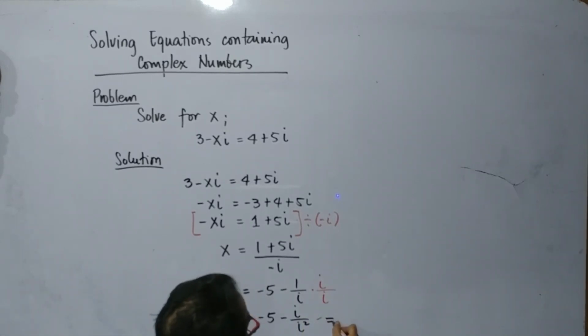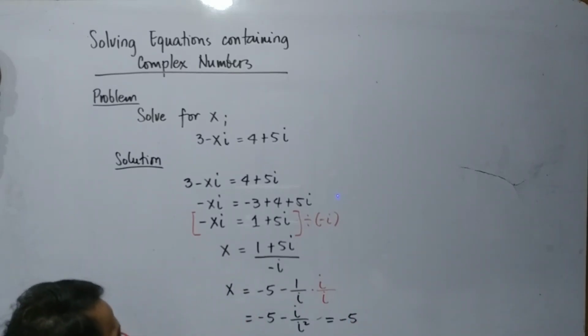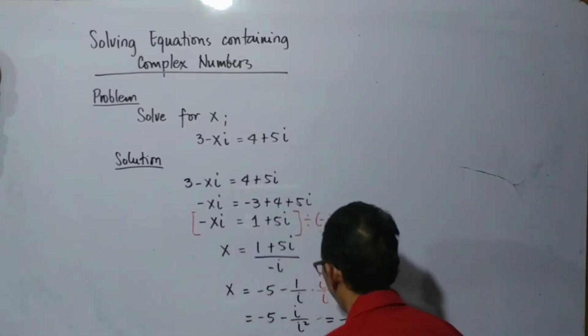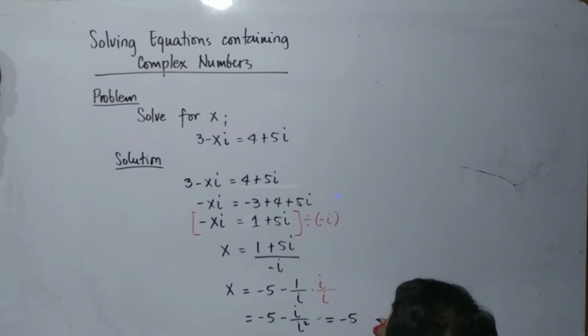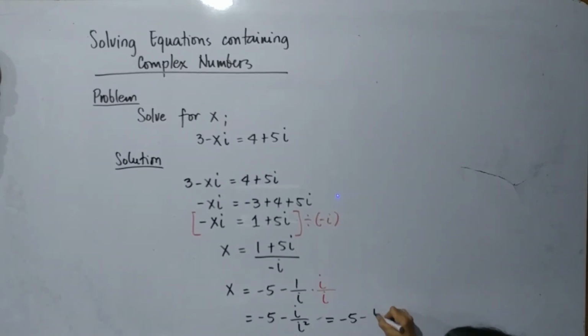Or we have now negative 5 minus i times negative 1.